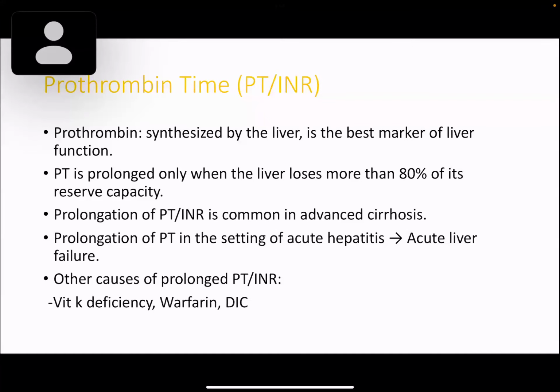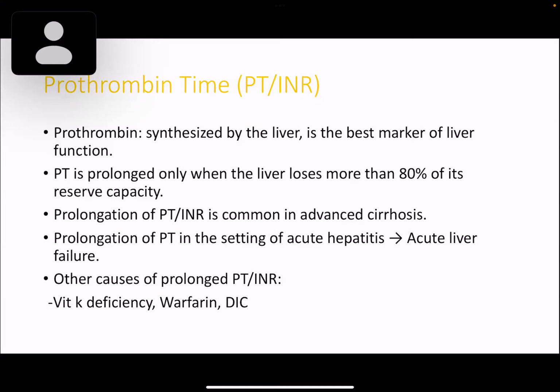So this is a good marker of the presence of acute liver failure, which is a serious complication that can be seen in some patients who present with acute hepatitis, viral hepatitis, autoimmune hepatitis, or drug-induced hepatitis. All these groups of patients are liable to develop acute liver failure.